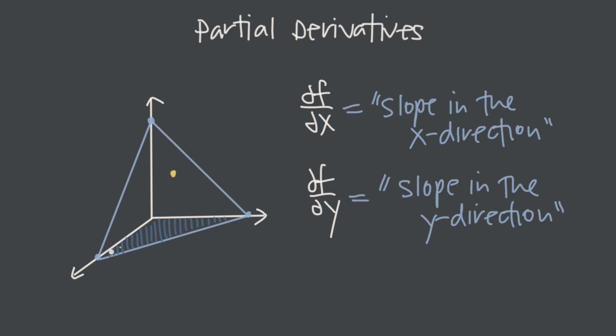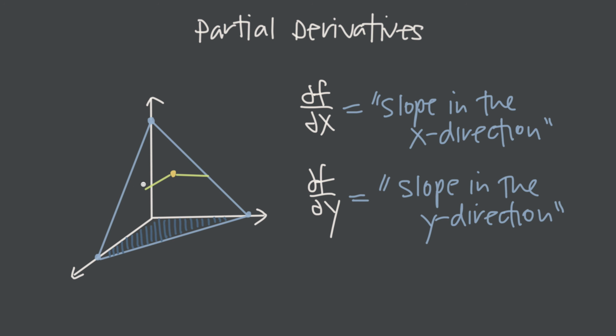You can see x is this direction, so if I draw a parallel line, I'm saying the slope in this direction here. If I take the partial derivative with respect to y, I'm looking for slope in the y direction, so this is my y direction right here.